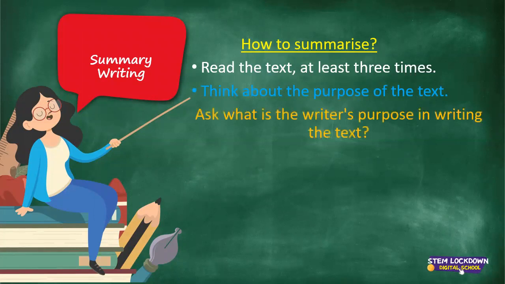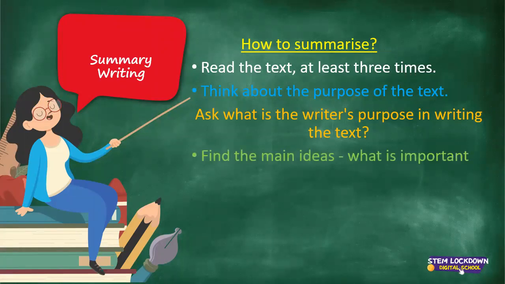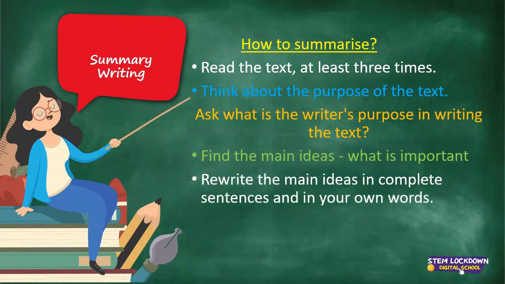You need to ask yourself, what is the writer's purpose in writing the text? Once you know that, you go to the main ideas and you actually see what is important. Once you've found what is important, you rewrite the main ideas in complete sentences and in your own words, okay?